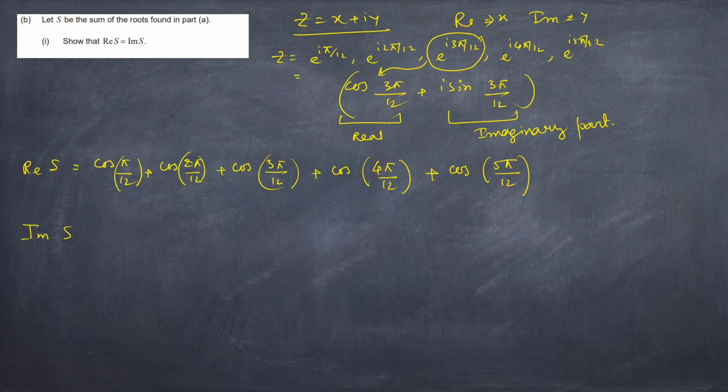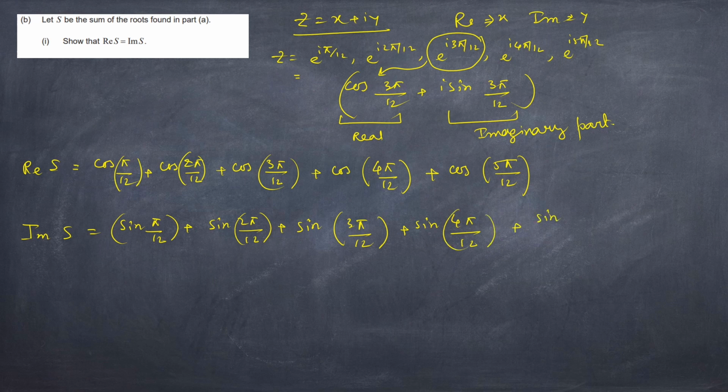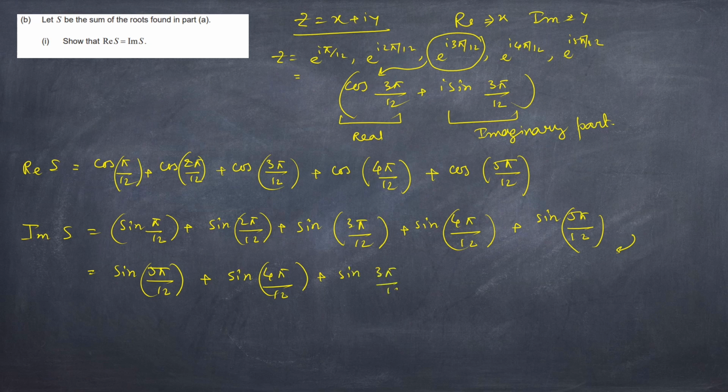Now the imaginary sum will be sin pi by 12 plus sin 2 pi by 12 plus sin 3 pi by 12 plus sin 4 pi by 12 plus sin 5 pi by 12. So I am arranging this part from this side to this side, and I am getting sin 5 pi by 12 plus sin 4 pi by 12 plus sin 3 pi by 12 plus sin 2 pi by 12 plus sin pi by 12.